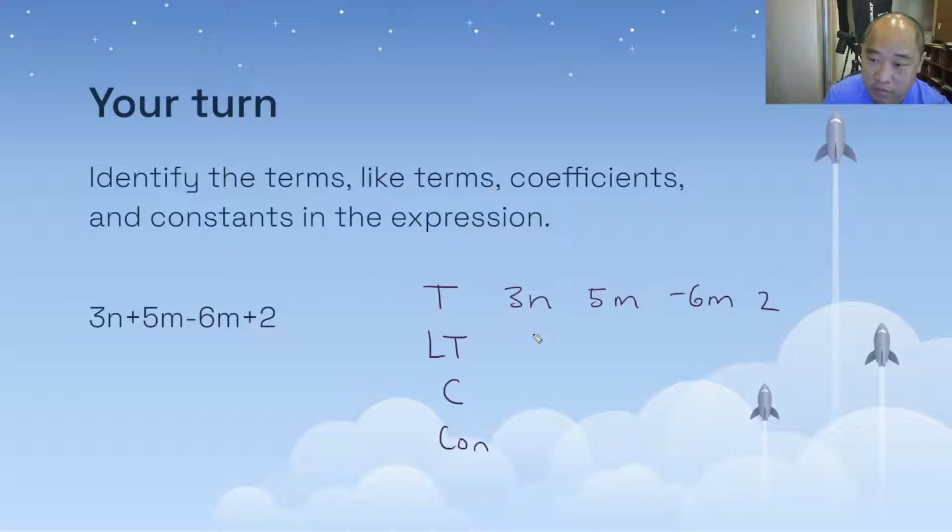The like terms would be 5m and negative 6m. The coefficients would be 3, 5, and negative 6. And the constant would be 2.